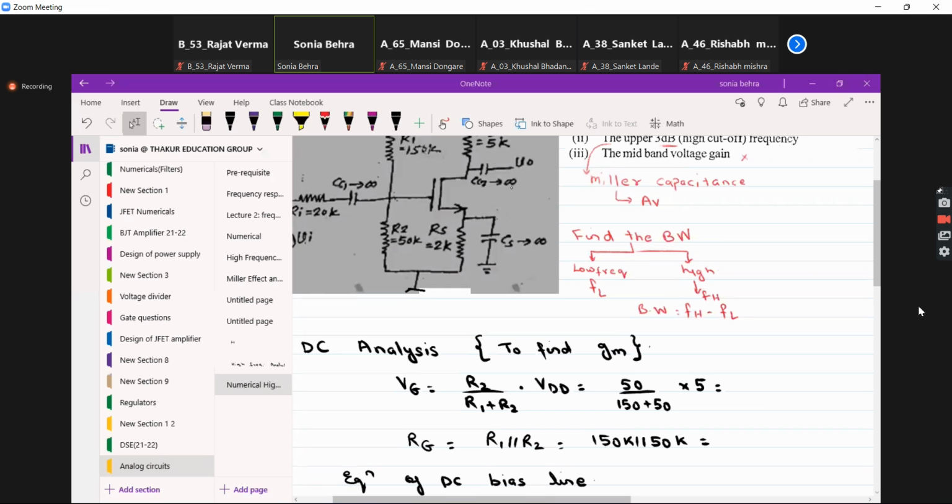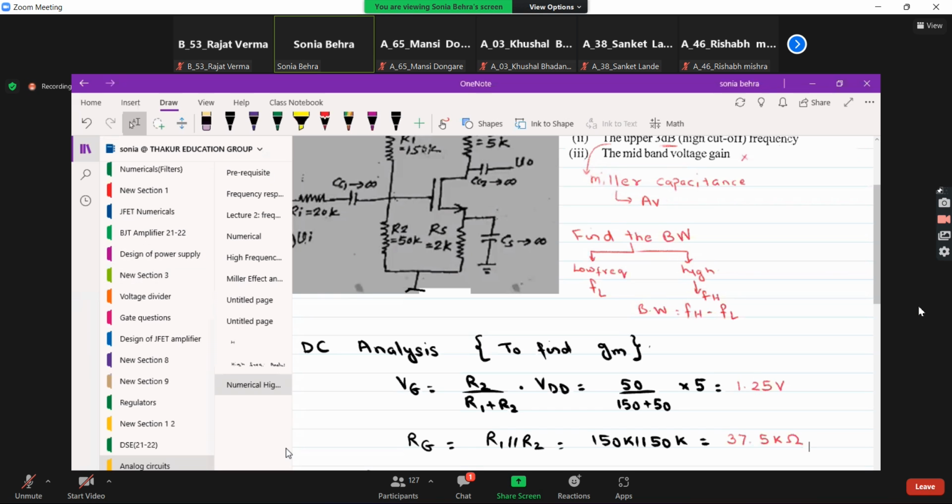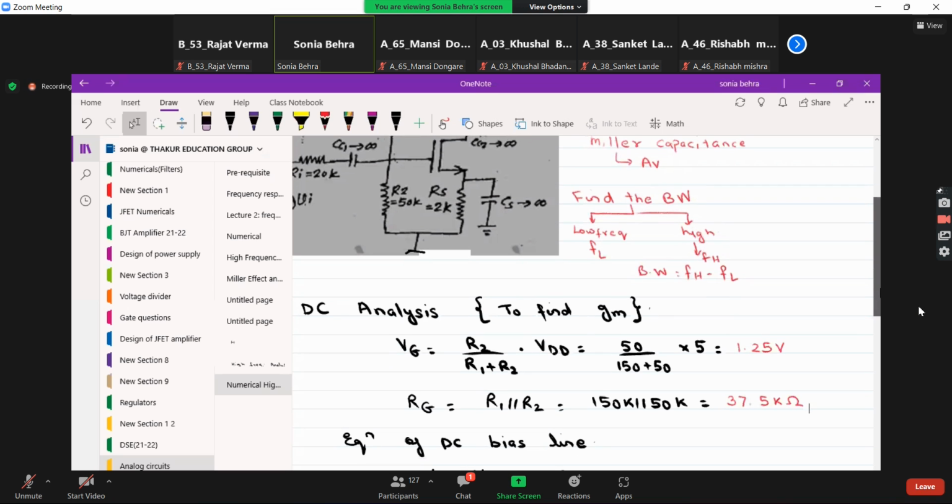VG is coming out to be 1.25 volts and RG is coming out to be 37.5 kilo ohms. Yes, Radhika, it's right. Other students, please start putting your answers.